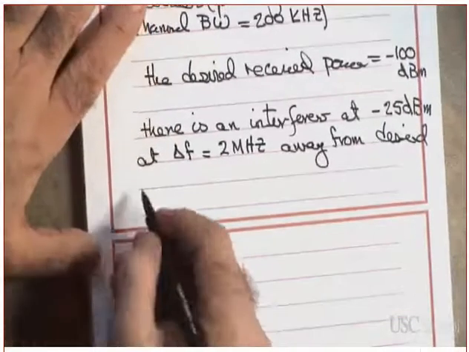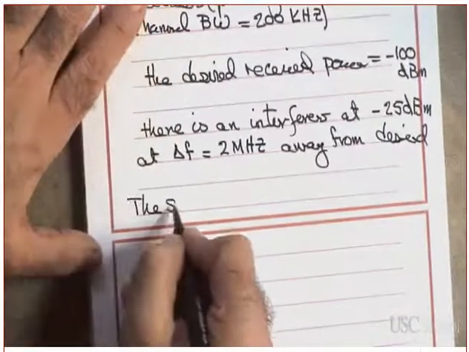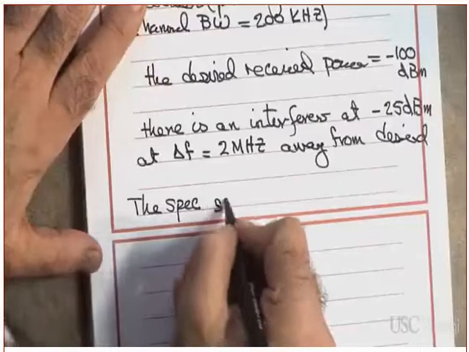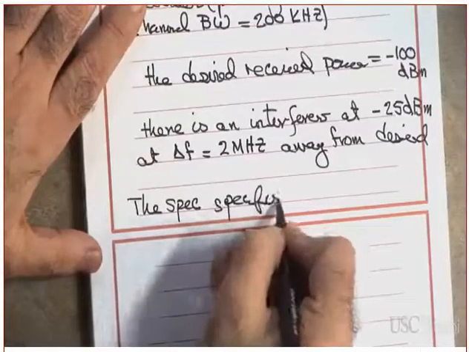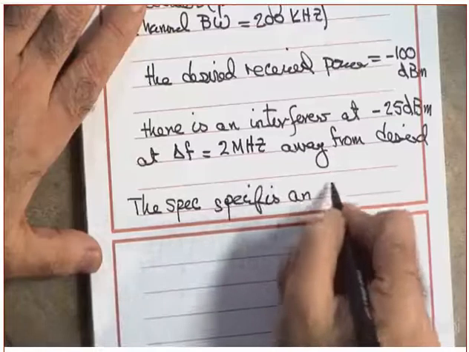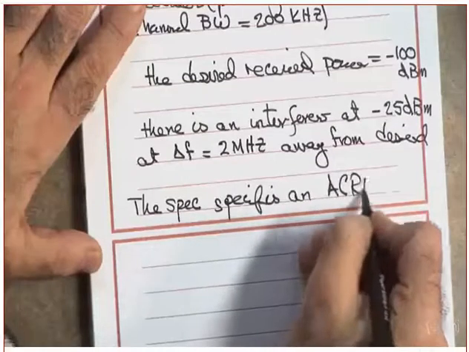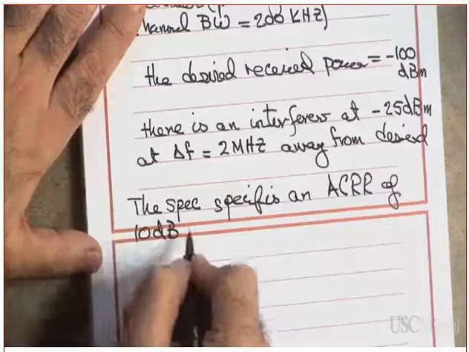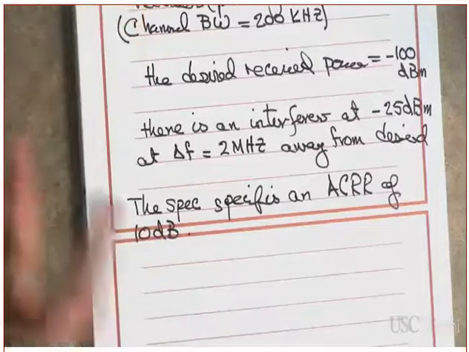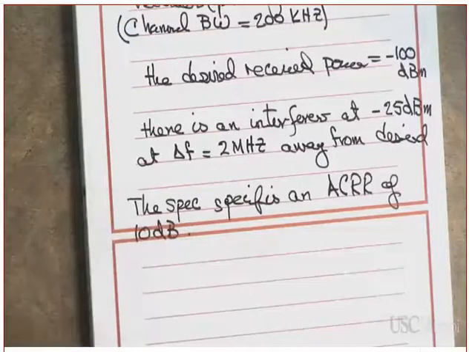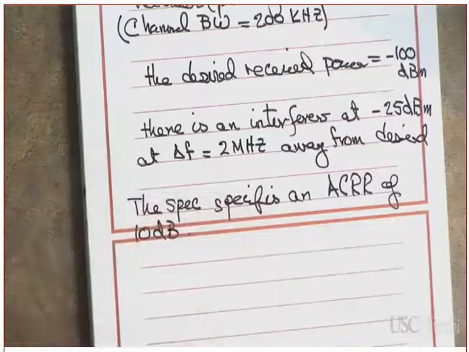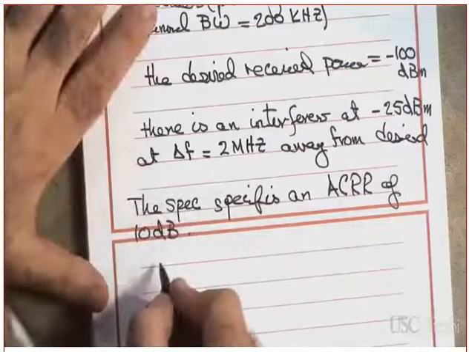The spec specifies an ACRR of 10 dB. The spec of the GSM says that the adjacent channel rejection ratio should be 10 dB.